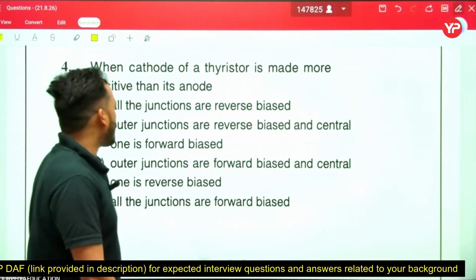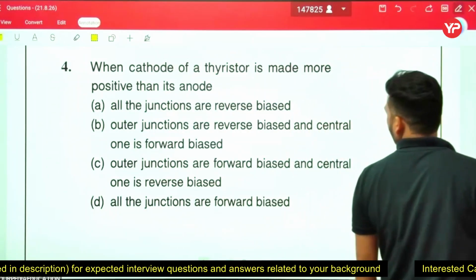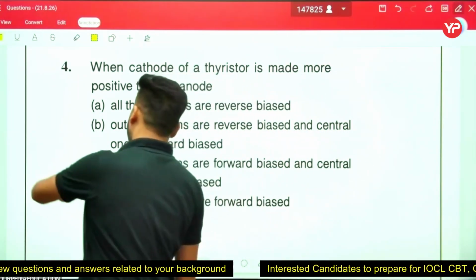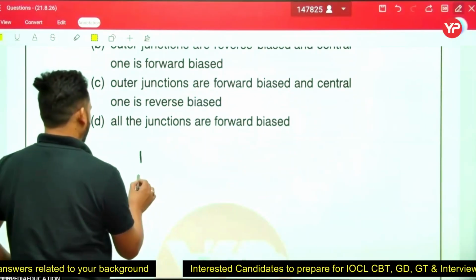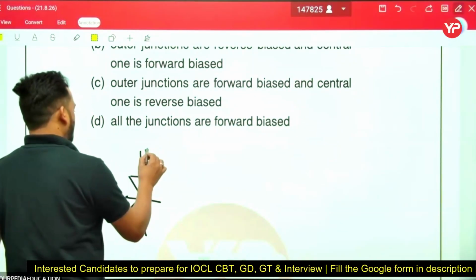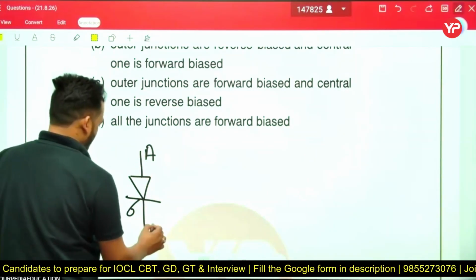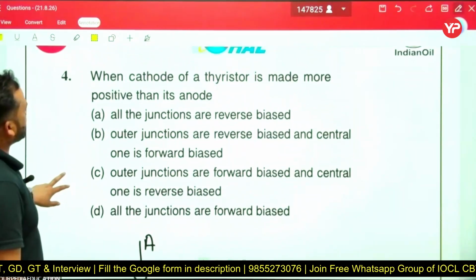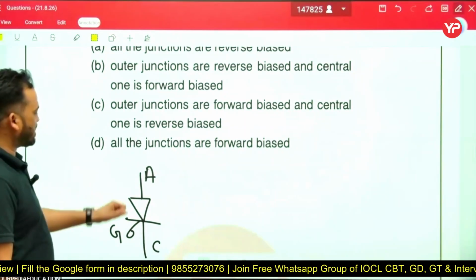See, when the cathode of a thyristor is made more positive than its anode. Actually, in SCR, this is the symbol of SCR. This is the anode, this is the cathode, and this is the gate. This question is related to when the cathode is more positive than the anode.